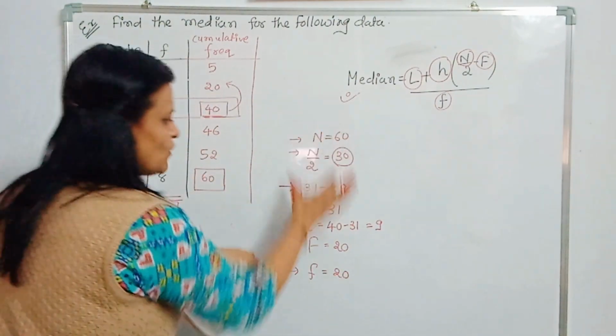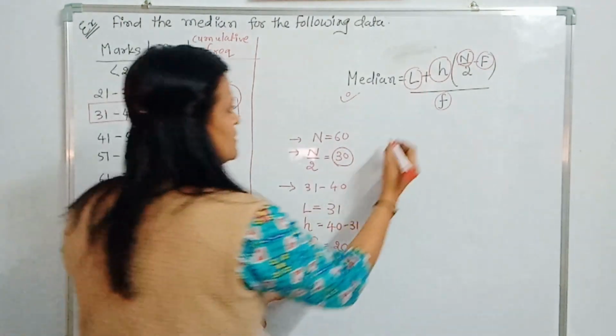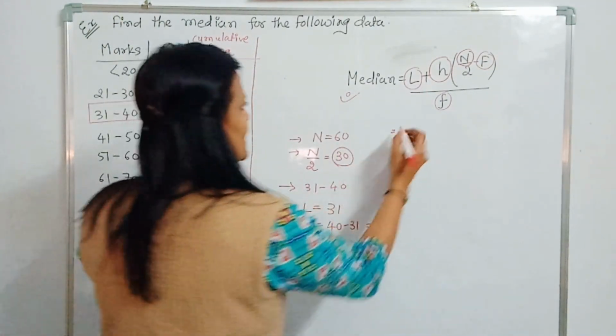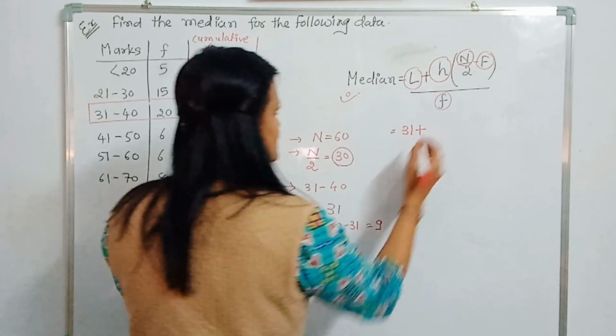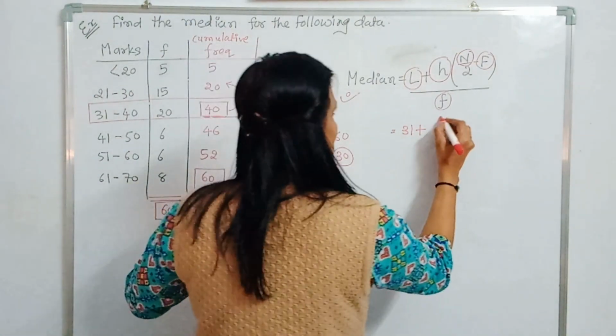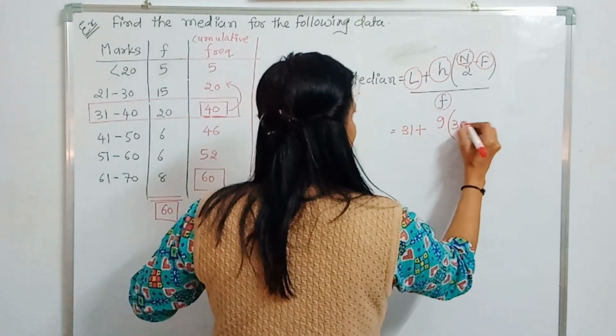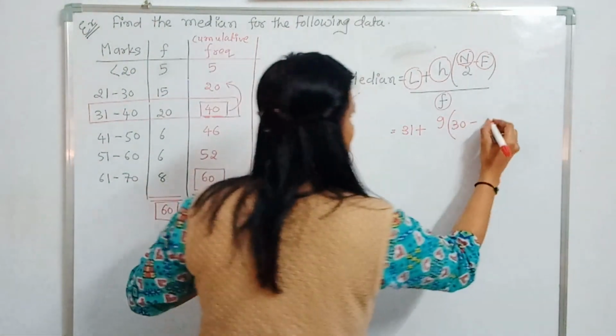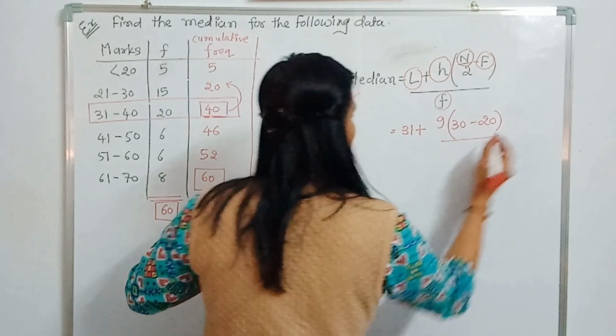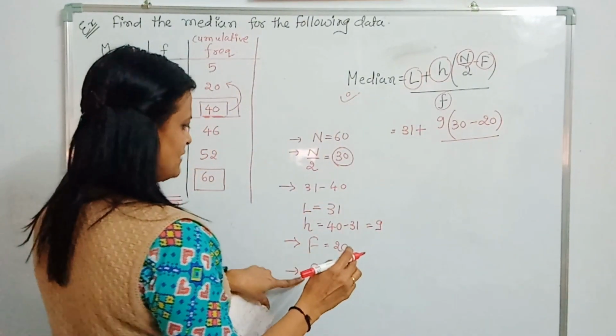So now substitute all these values in this equation. Our capital L is 31 plus h is 9 into bracket n by 2 is 30 minus capital F is 20, divided by small f is 20.